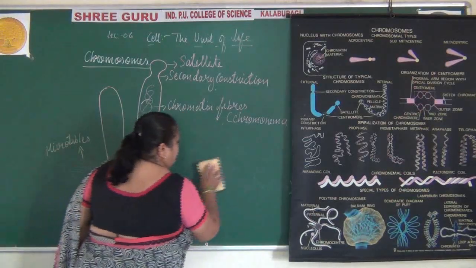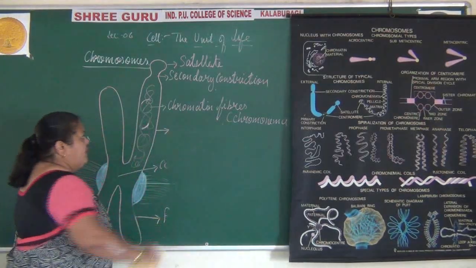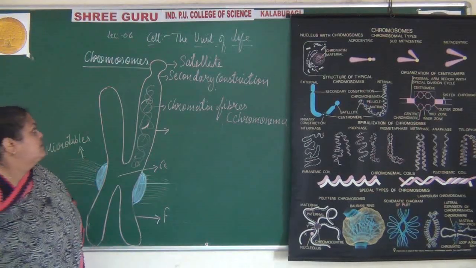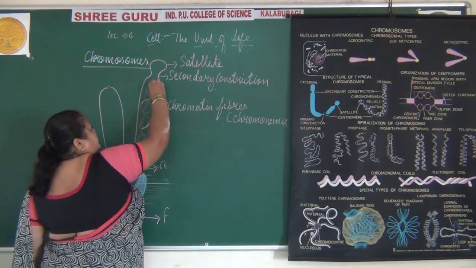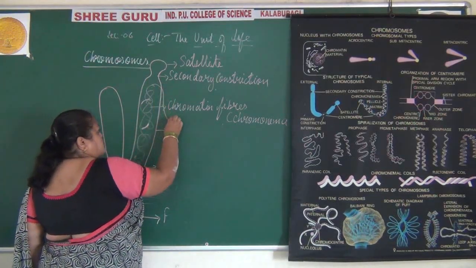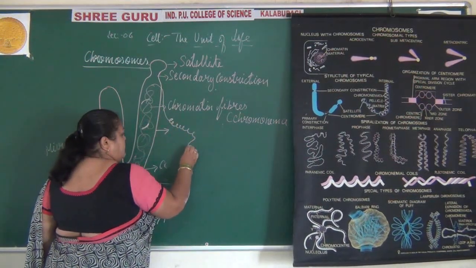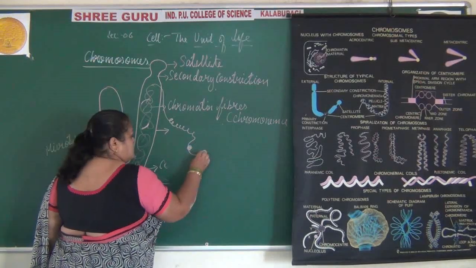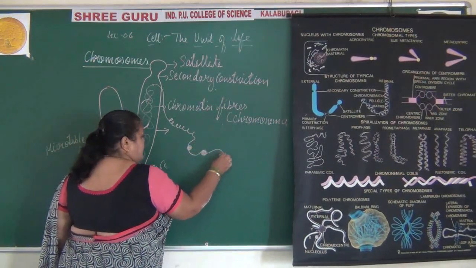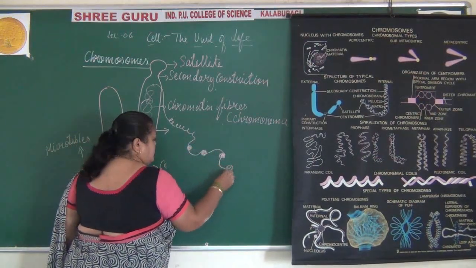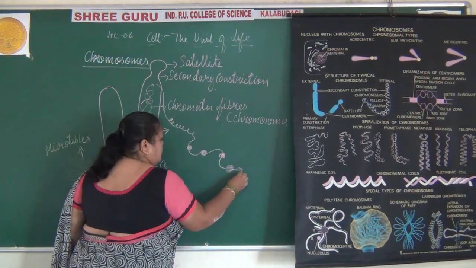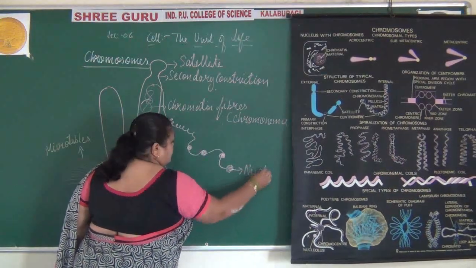When this chromonema is pulled out from the chromosome, you can find coiled structures inside it with nucleosomes.